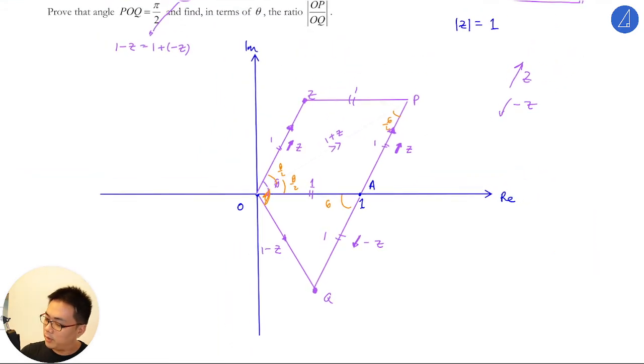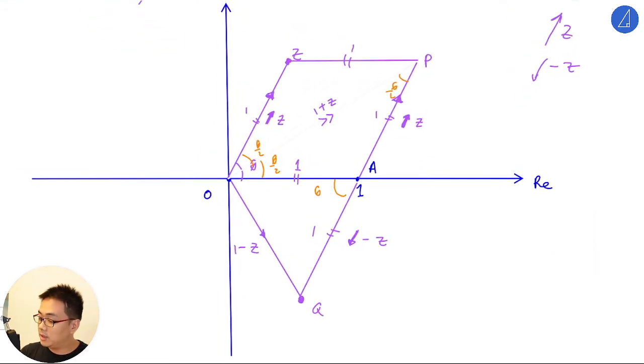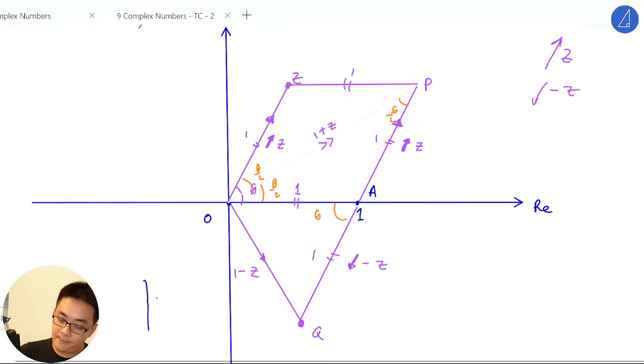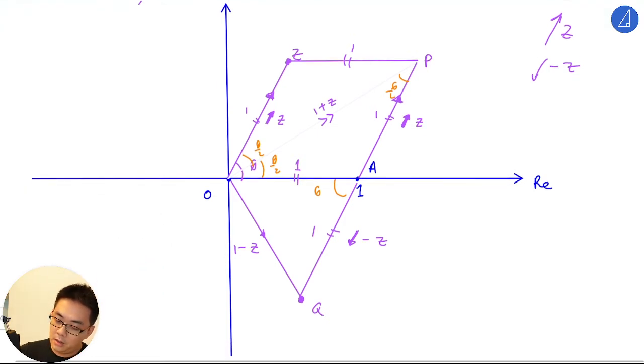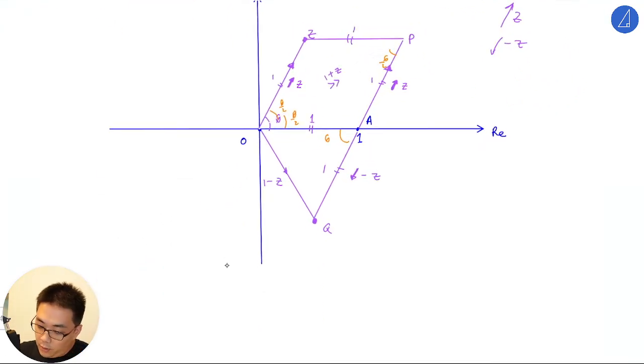I know you have probably already forgotten the terminologies for proving the angle, but you can just write something, okay? So just write down that from the diagram, more precisely, from the diagram, okay, OAPZ is a rhombus.